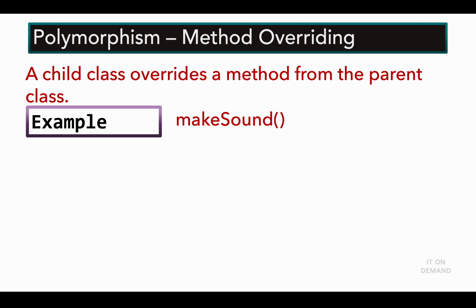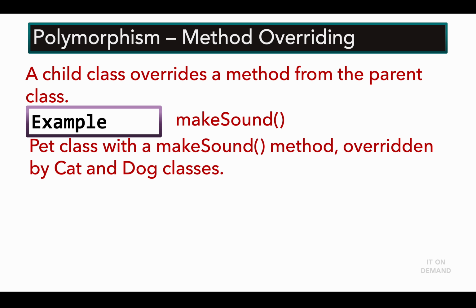that we used. So we have the pet class, right, with a make sound method. And we have cat and dog classes. If we have cat and dog classes, and we implement a make sound method as well, or we define a make sound method as well in these classes, what we're doing is simply overriding what we already defined in the pet class.